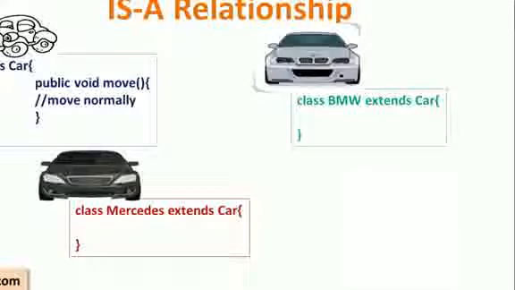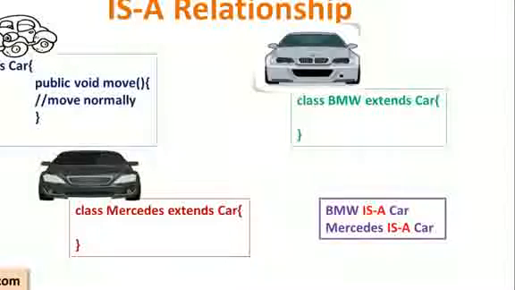Because there is an extends keyword relating the classes, I can say Mercedes is also a car, BMW is also a car, because the CEO has to travel by car. He can travel by any one of these cars, so anything can be said as car. You need not say it's a particular BMW or Mercedes. You can make it generic that he travels by car.